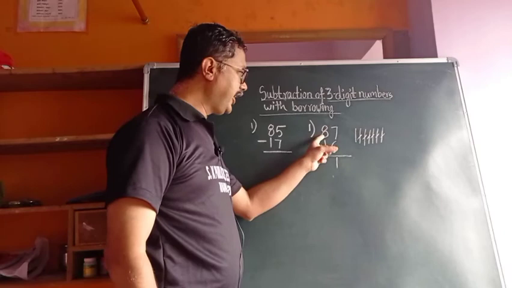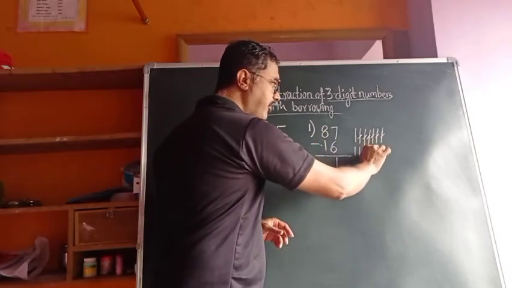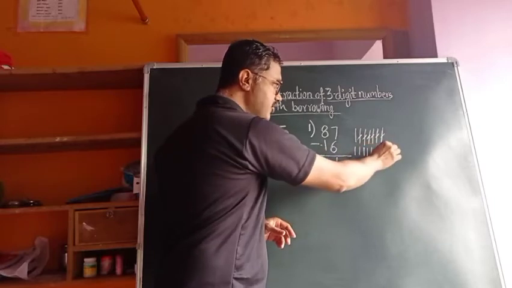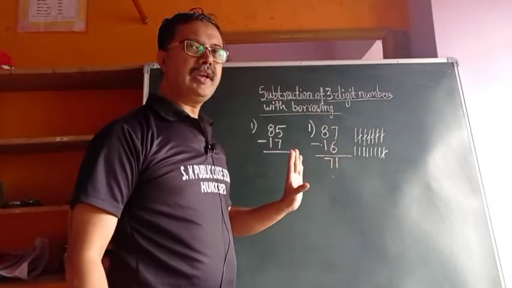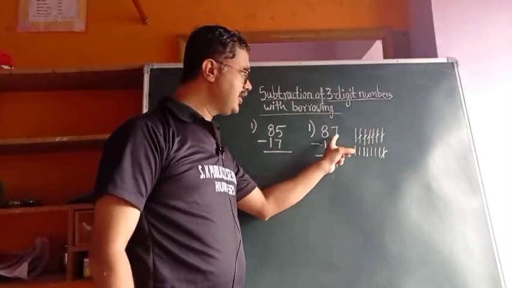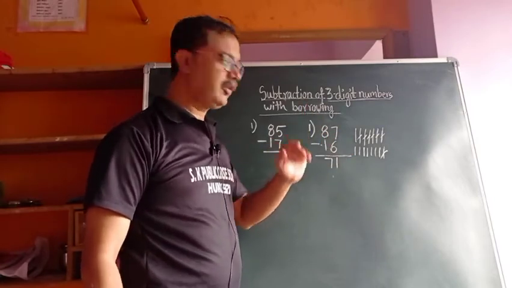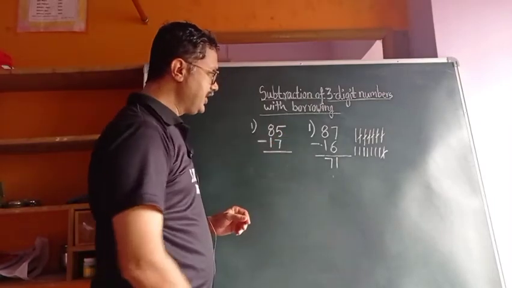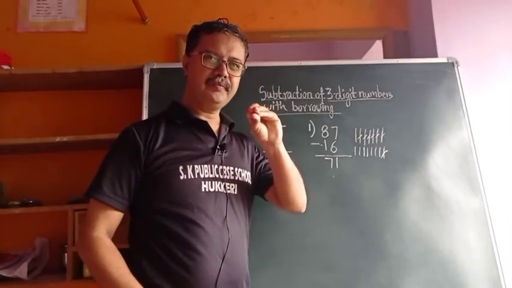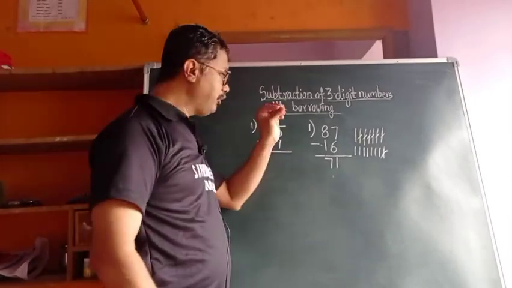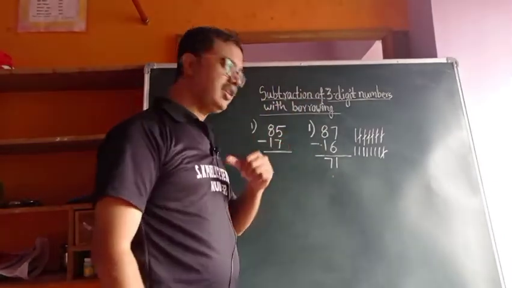Yes. Now 8 minus 1. You have 8 chocolates, 1, 2, 3, 4, 5, 6, 7, 8. Minus 1 means 7. Simple subtraction. Here it will come as a simple subtraction without borrowing. In this case, see here, you have 5 chocolates, but your brother, your sister or your friend is asking for 7 chocolates.